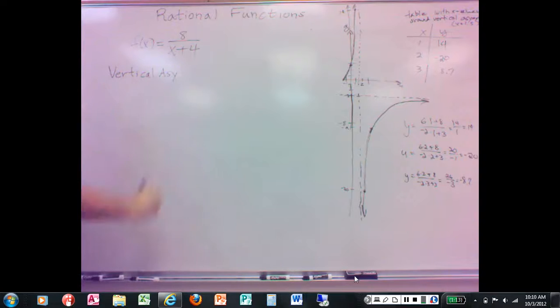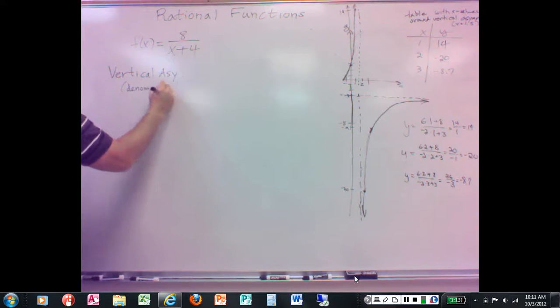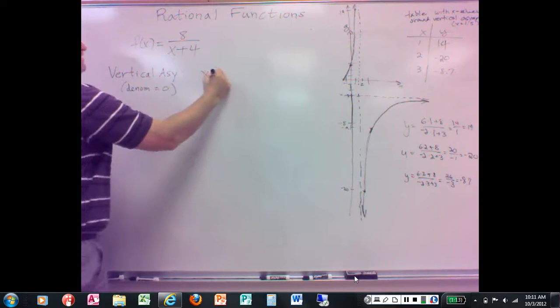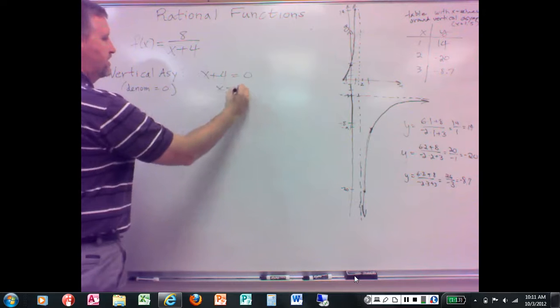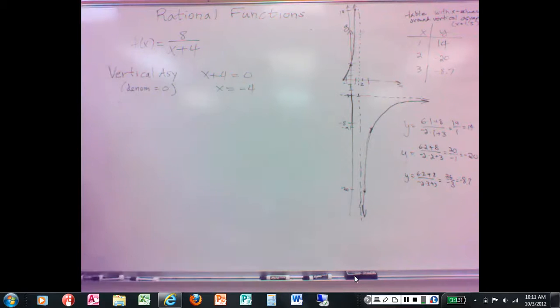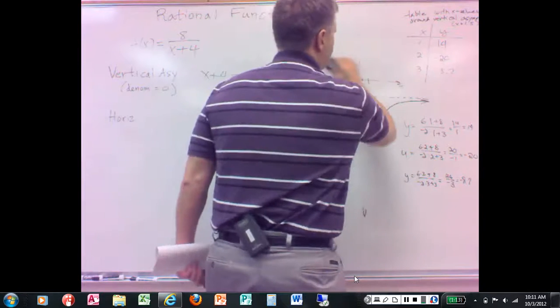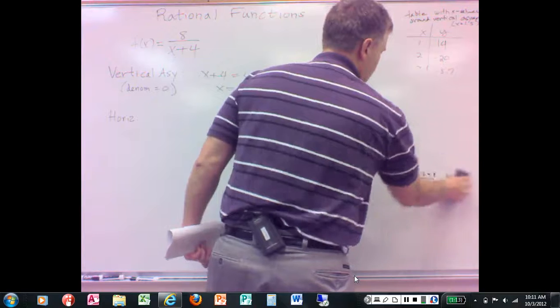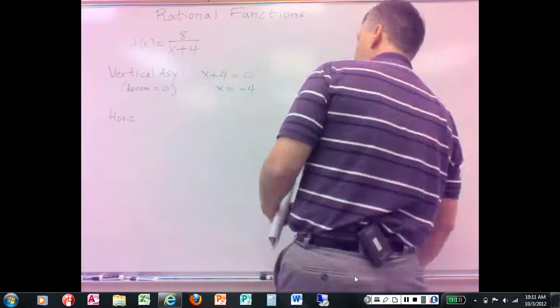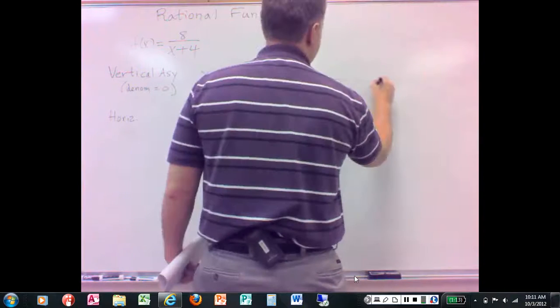Vertical asymptote, always pretty much the same. Set denominator equals 0. We got x plus 4 equals 0, so that's going to mean x equals negative 4 is the vertical asymptote. All right, and so over here for the vertical asymptote, we're just going to draw that in as a vertical straight up and down line.